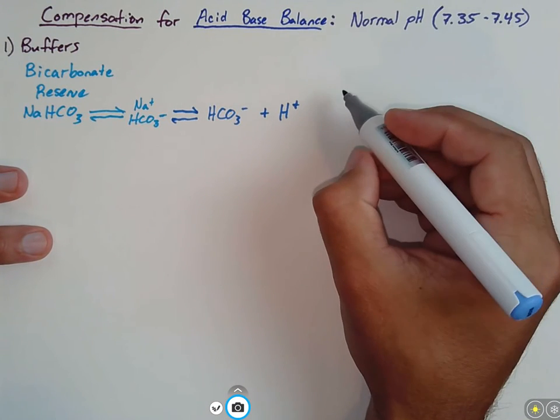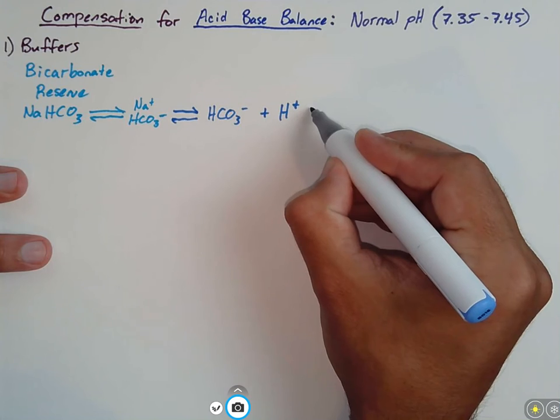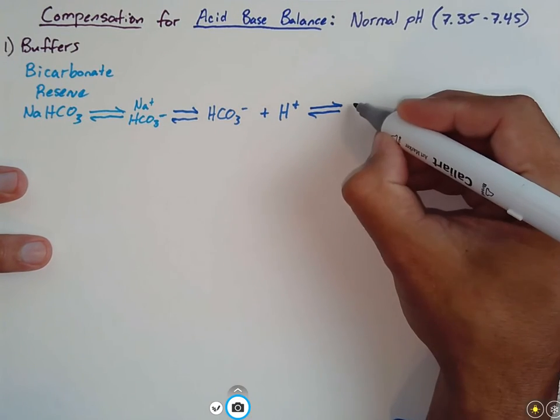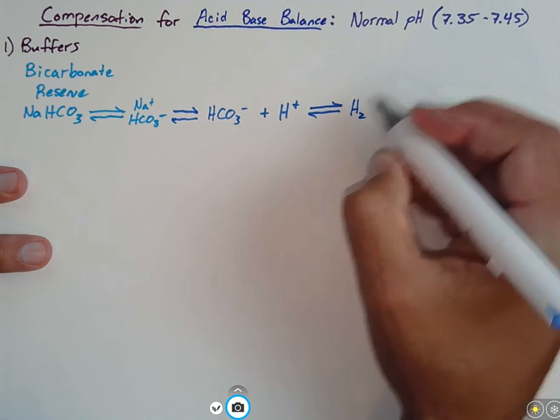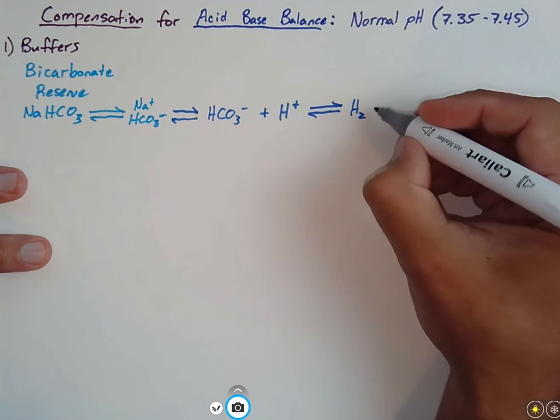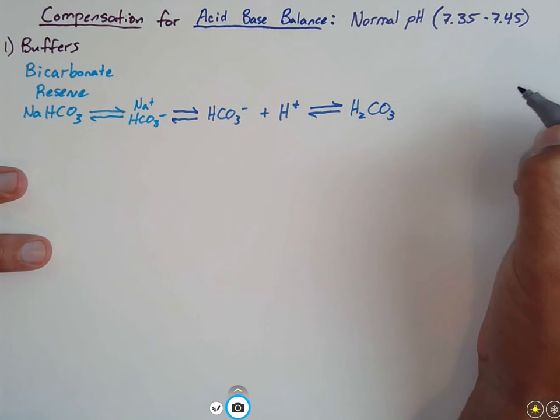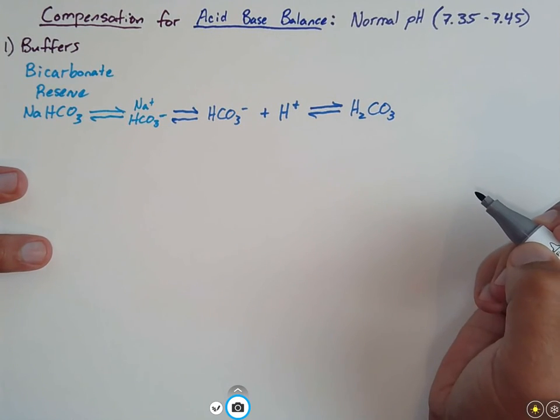And what are we going to be left with? We're going to be left with a whole bunch of H2CO3, a little ionic bond happens right here. No pluses or minuses, and this is carbonic acid.